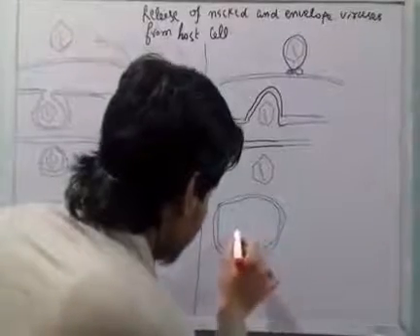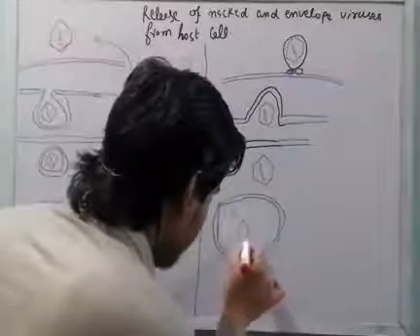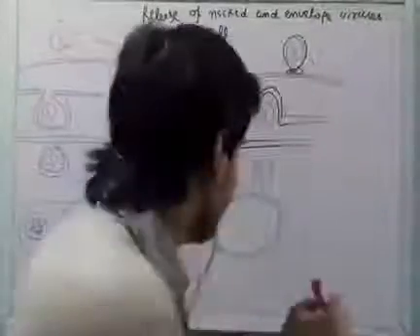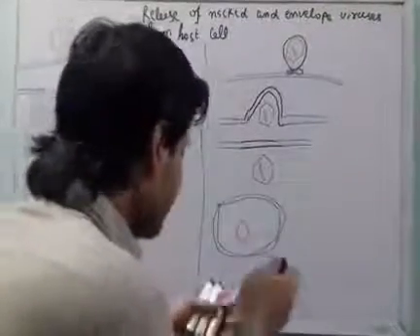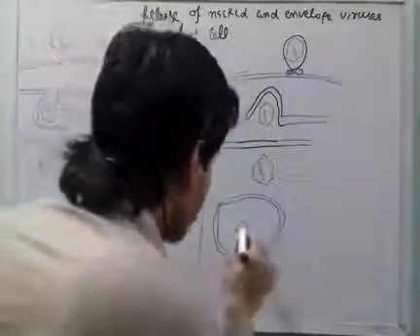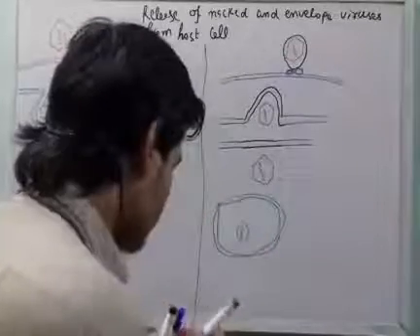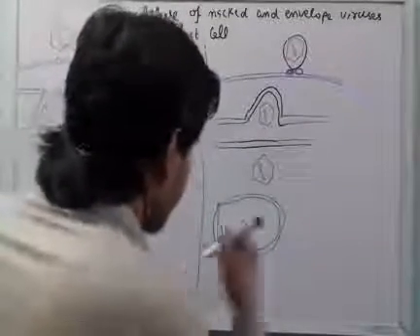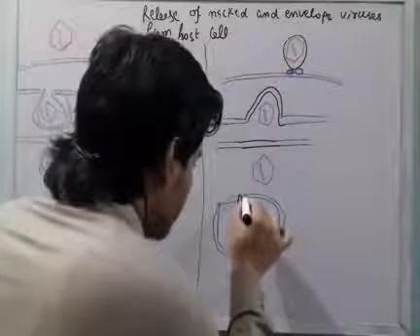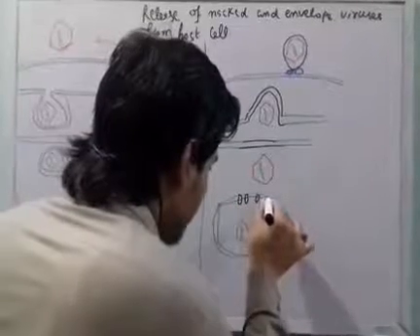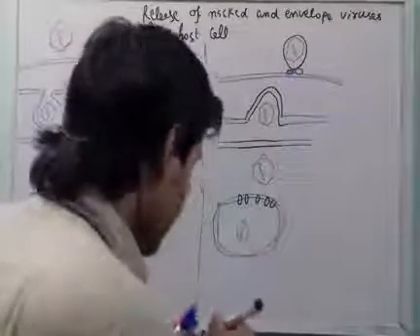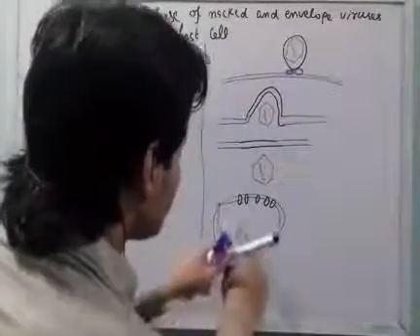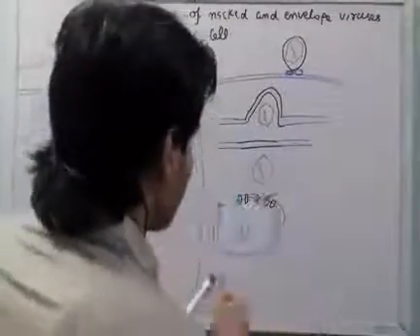Once this envelope virus makes its copies, meaning once the progeny envelope viruses are made, then what happens? They release some kind of proteins. Let me draw the proteins with this black one. These proteins will be attached to the host membrane. Once these proteins attach to the host membrane, this progeny virus will attach itself to them.